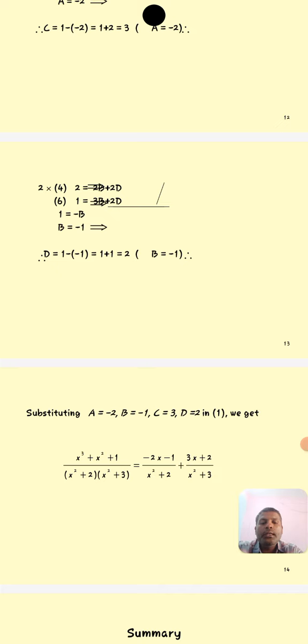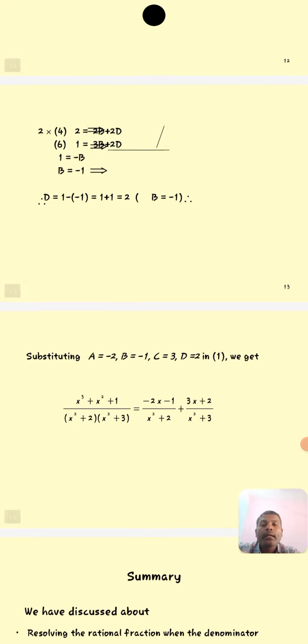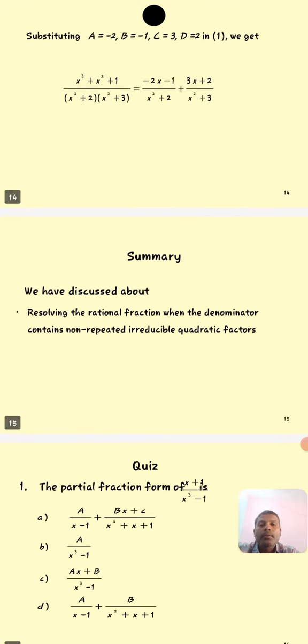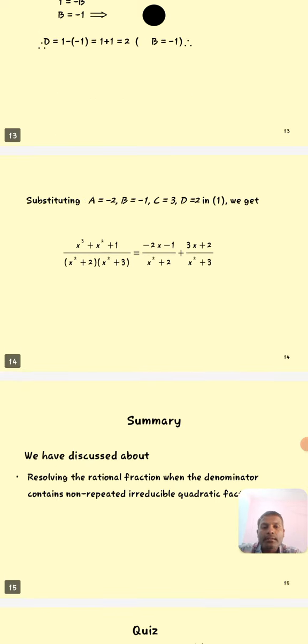By using these, subtraction and multiplication will be possible. Then we find the values of a, b, c, d. Whenever we get the a, b, c, d values, we substitute them in equation number 1 in the place of a, b, c, d. Are you clear? This is the procedure of resolving quadratic factors into partial fractions.